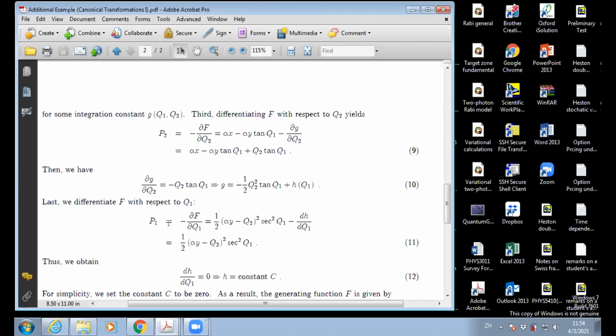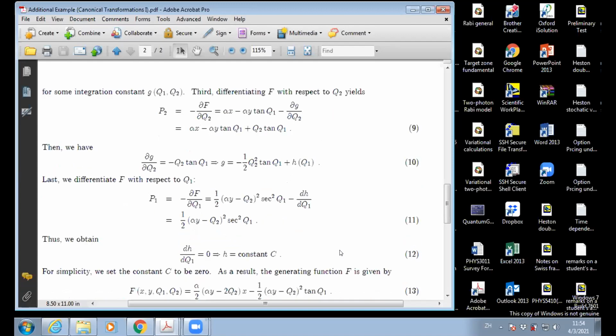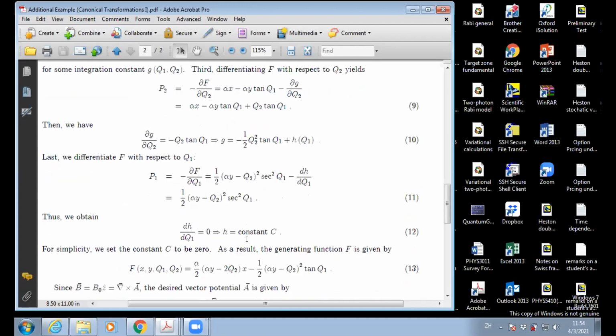Finally, we differentiate the F with respect to capital Q1 to give you the capital P1, and this differentiation will give us this. By definition, the capital P1 is this. So comparing these two expressions, we realize that dh/dQ1 equals 0. In other words, h is a constant.